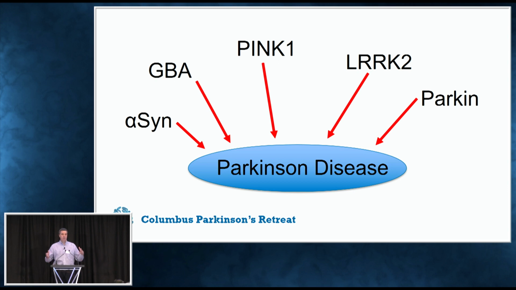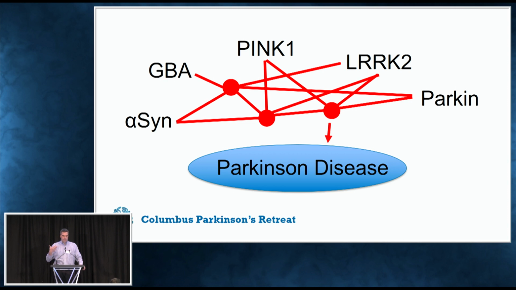And so we talk about sort of a nature-nurture balance of genetic susceptibility towards a disorder, but then environmental exposures, what have you, that will kind of work together to actually cause the disease. But there are a variety of genes that, when mutated, will actually cause Parkinson's disease to develop.